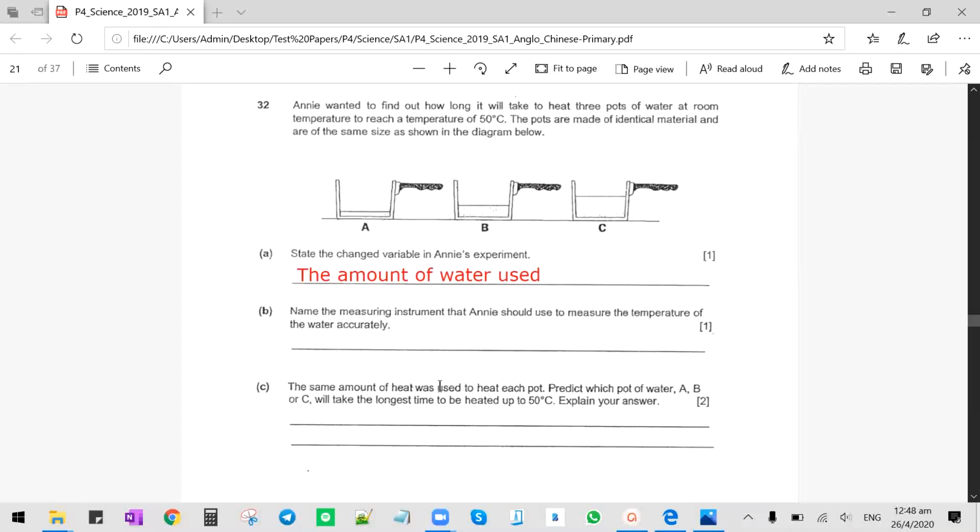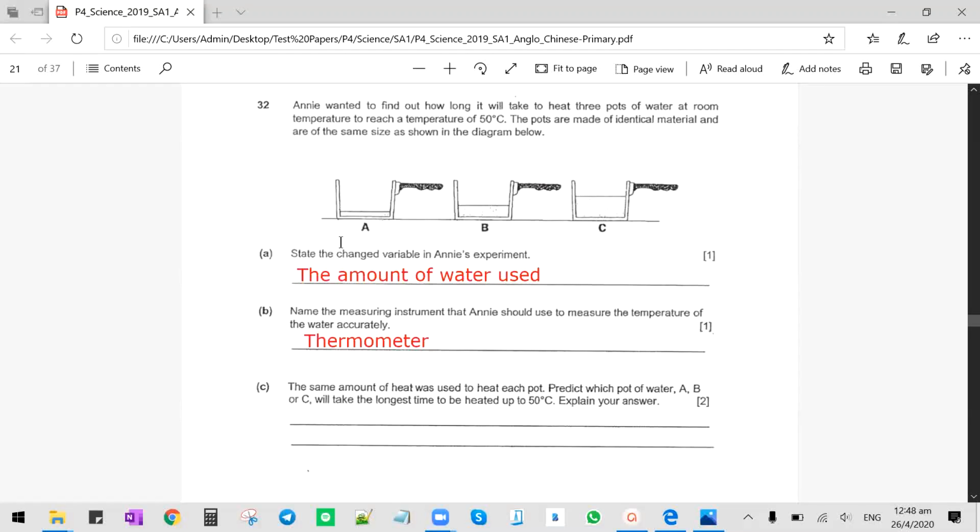Name the measuring instrument that Annie should use to measure the temperature of the water accurately. To measure temperature, you use the thermometer. The same amount of heat was used to heat each pot. Predict which pot, A, B, or C, will take the longest time to be heated up.